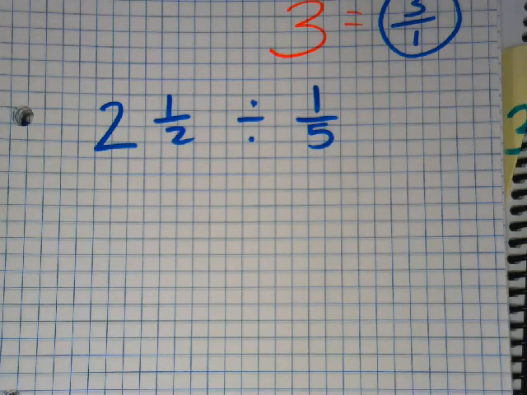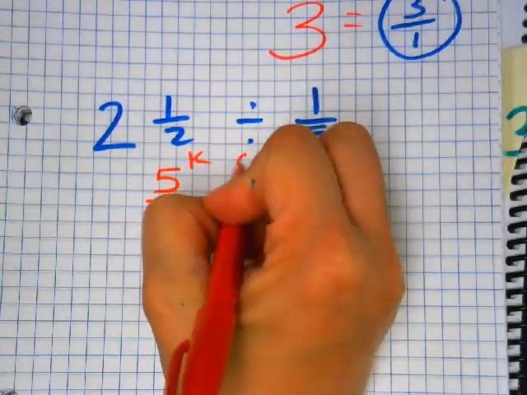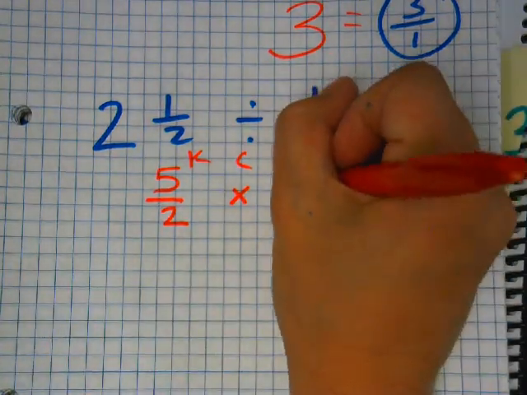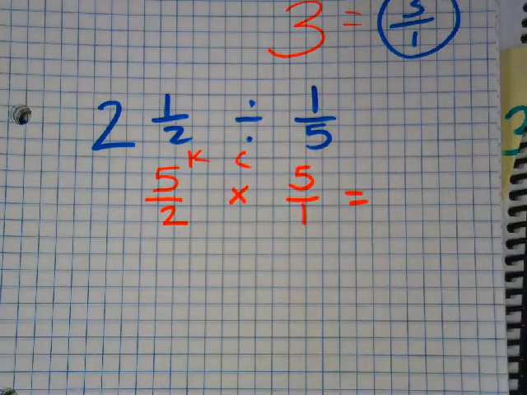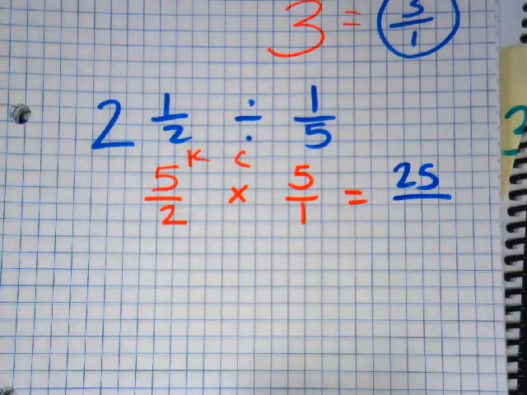What do we get as an improper fraction for Jordan's fraction? 5 over 2. Keep, change, and we're going to flip Ruben's to 5 over 1. Good. All right, 5 times 5? 25. 2 times 1? 2.